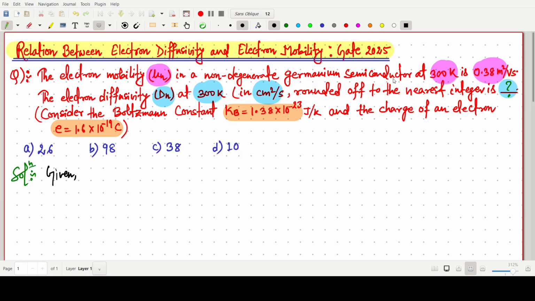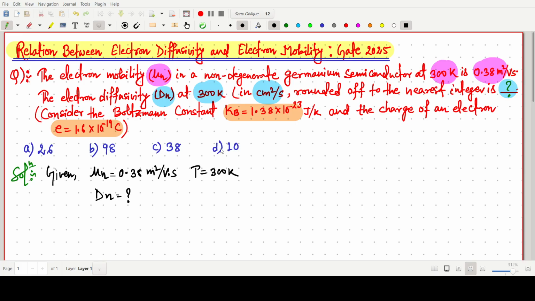The electron mobility mu n value is given, 0.38 meter square per volt per second, at a temperature of 300 Kelvin. Then we have to find Dn at this particular temperature, 300 Kelvin.